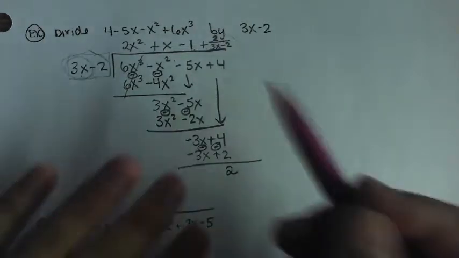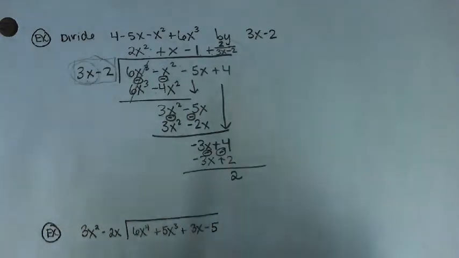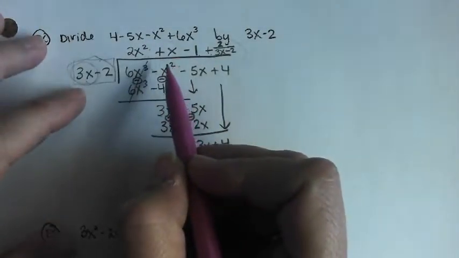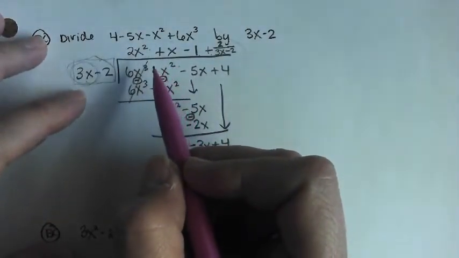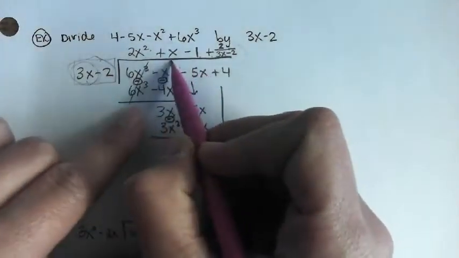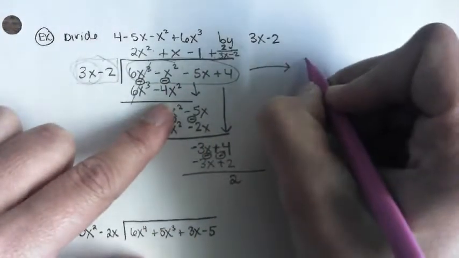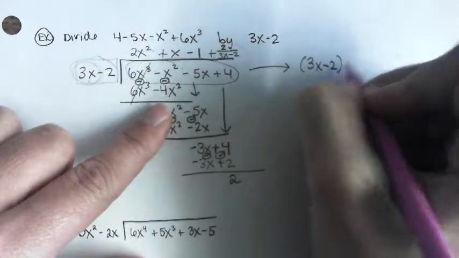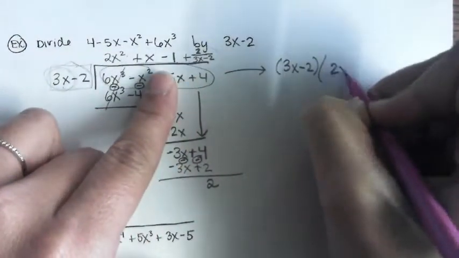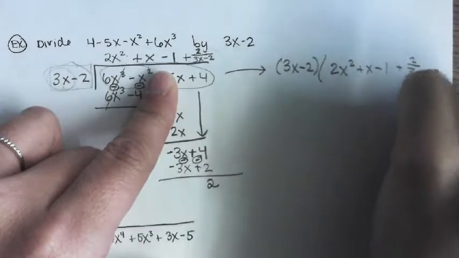So here's the thing. And just to remember kind of what this all is doing, long division is another way of factoring, okay? So what we just did is we found out that this guy factors into 3x minus 2 times 2x squared plus x minus 1 plus 2 over 3x minus 2.